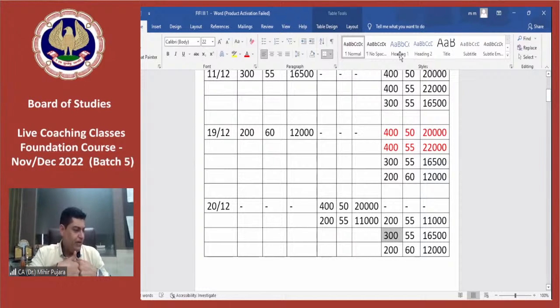From the second 400, 200 is gone, so remaining 200 is in stock. And the last two are unused, so the last two will automatically be in the closing stock. Simple. It's not that difficult, guys, it's just sequence-wise what we are doing. Can we go further, friends?